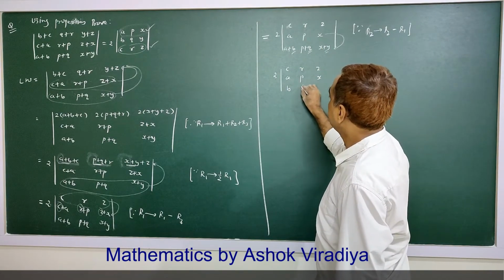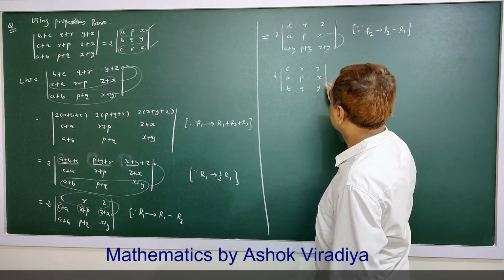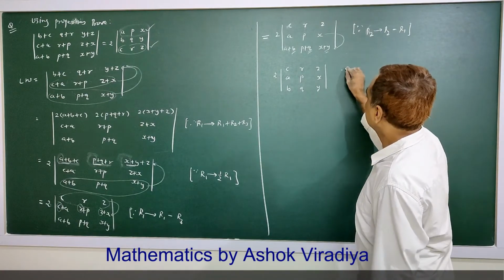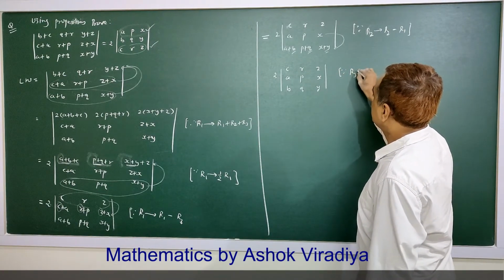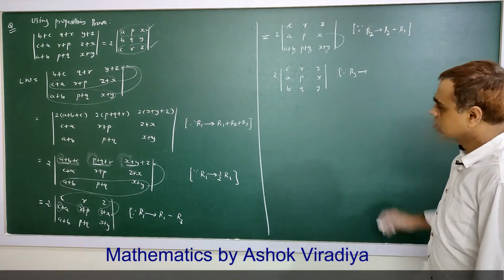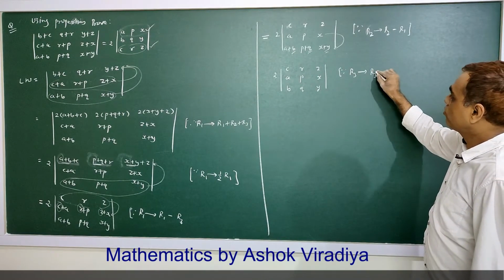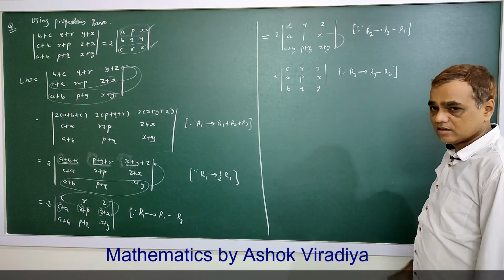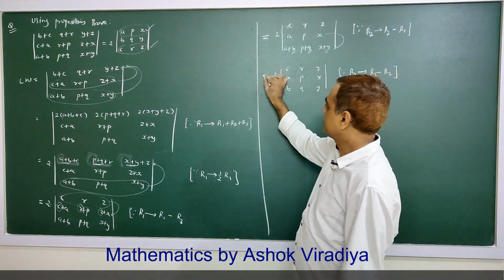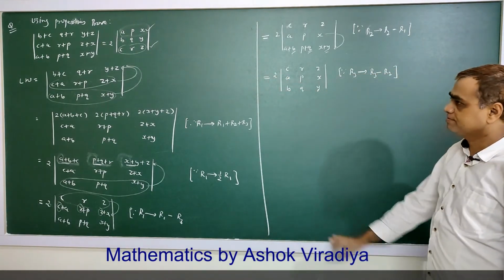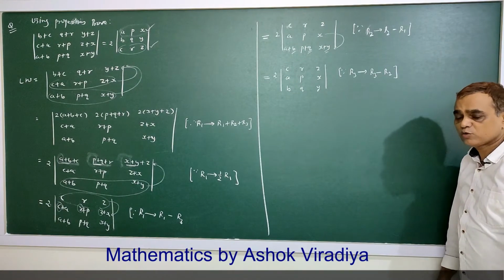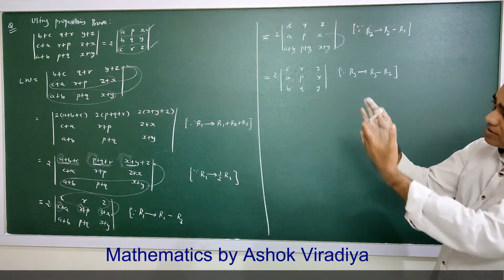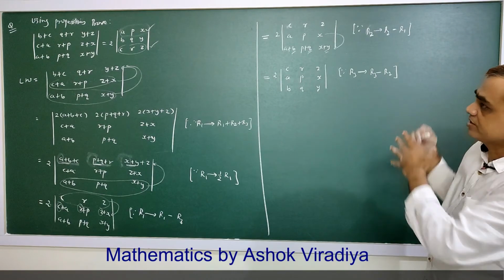So what is left? BQY. So what is done here? The change is in the third row. In the third row, the second row is subtracted. Doing this operation, the value remains unchanged. So we have derived the required numbers, but not in proper location.